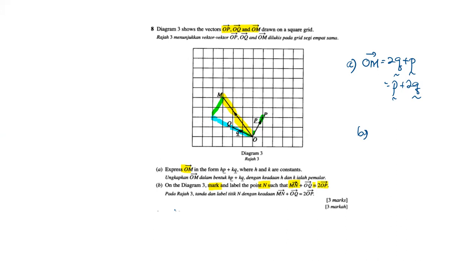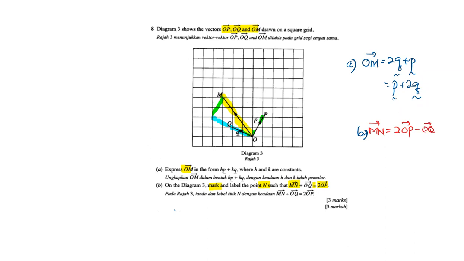Okay. How to do? MN equals 2OP minus OQ.